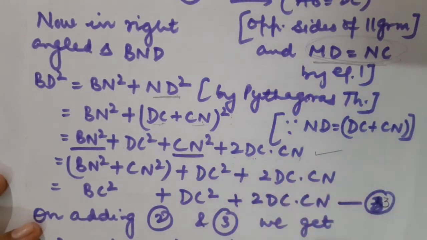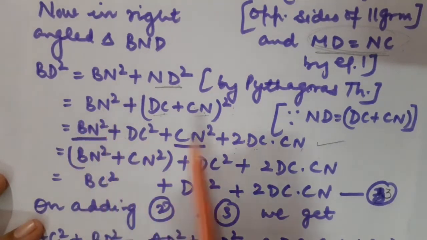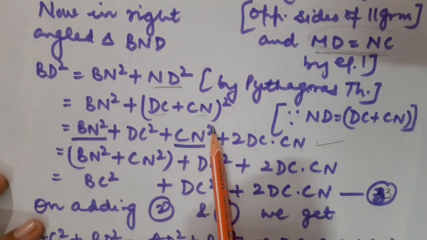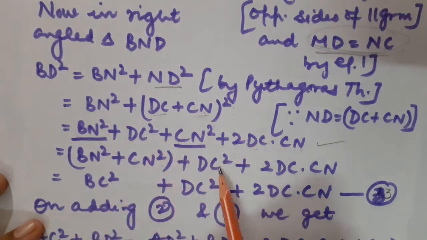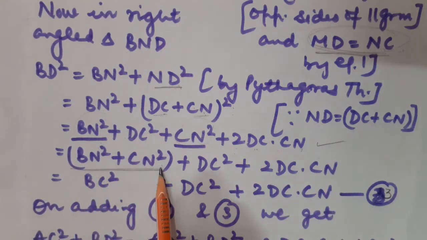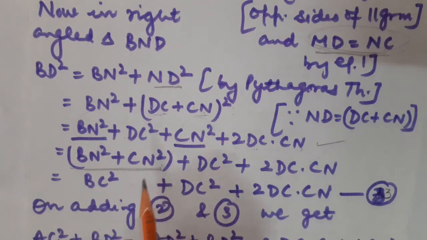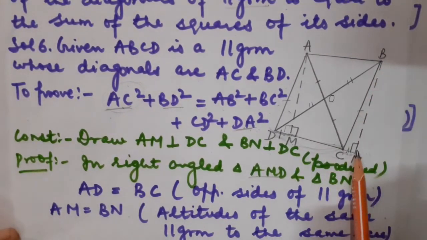Clear? Again the pairing will be made. I have made the pairing of BN square with CN square. So they have written in one bracket. Plus DC square plus twice of DC into CN. Now let us check what BN square plus CN square is going to form. This is BN square plus CN square.